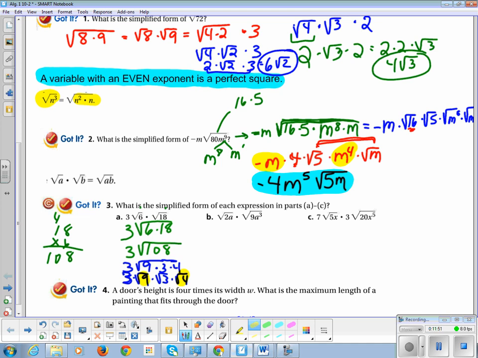They're going to combine with my 3, and my root 3 is just going to stay. So then I have 3 times 3 from the square root of 9 times 2 from the square root of 4. 3 times 3 is 9. 9 times 2 is 18. Root 3.